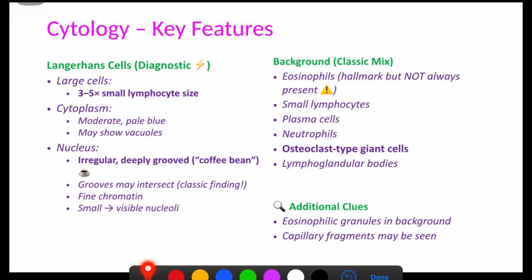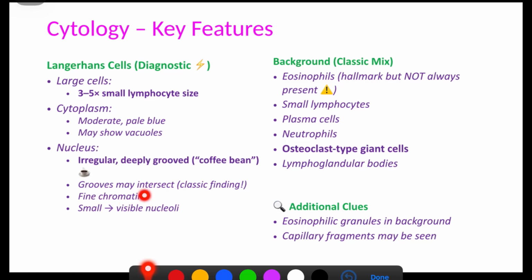Now, how will you identify Langerhans cells? They have large size, 3 to 5 times small lymphocyte size, moderate pale blue cytoplasm and microvacuoles. Nucleus is coffee bean or deeply grooved, irregular, and grooves may intersect, which is a classic finding.